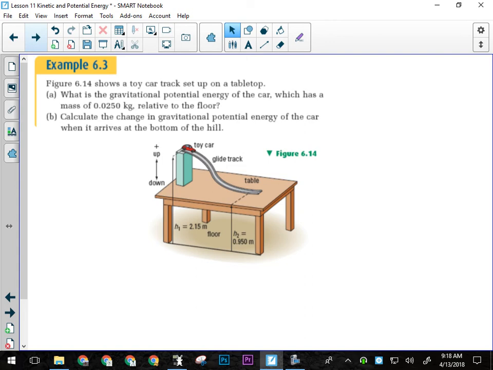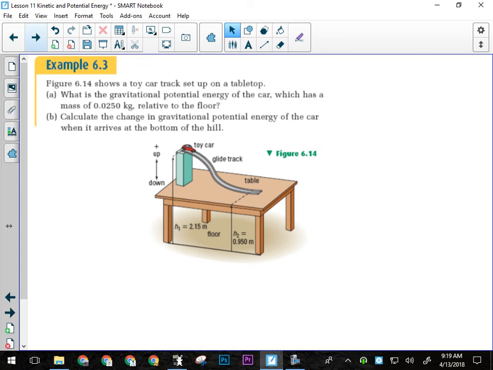Most of the time when we're talking about potential energy, our reference point is ground level, because that makes the most sense. But they could have also asked, what is the gravitational potential energy relative to the bottom of the track? Because really that would be the place where it would stop accelerating until it went off the end of the table. So reference points are important. Most of the time, if they don't mention otherwise, the reference point is the ground.